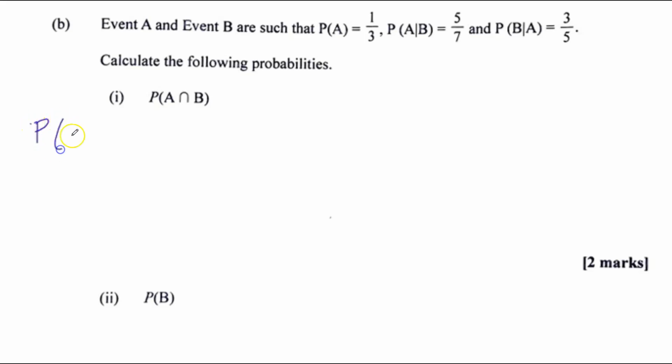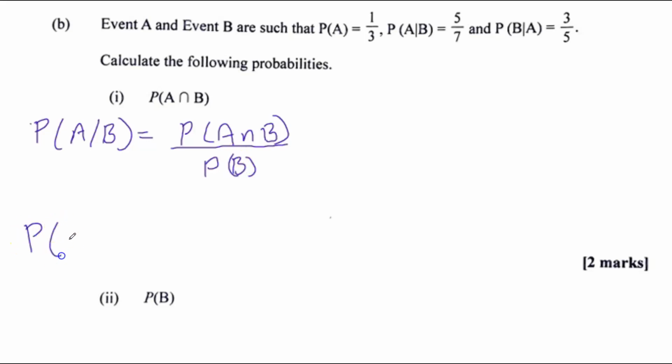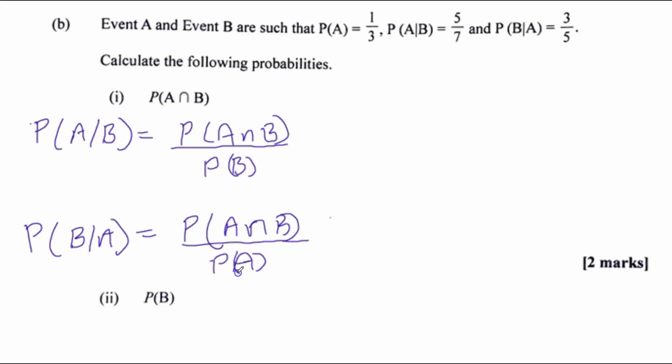The probability of A given B is equal to the probability of A intersect B divided by the probability of B. We also know that the probability of B given A is equal to the probability of B intersect A, which is the same thing as A intersect B, but this time the denominator would be the probability of A. So how the conditional probability formula works, whichever one comes after given would be the denominator: B, probability of B; A, probability of A in the denominator.